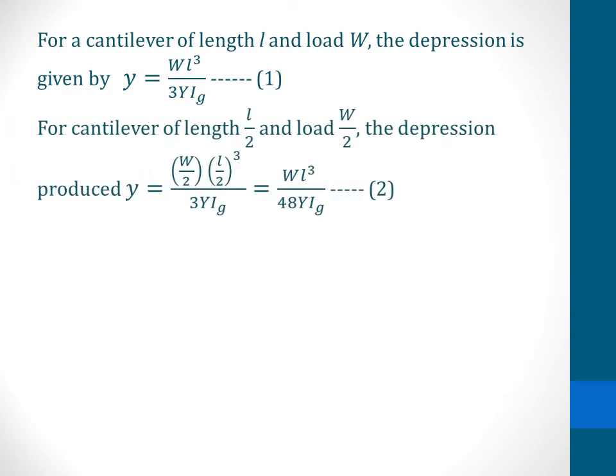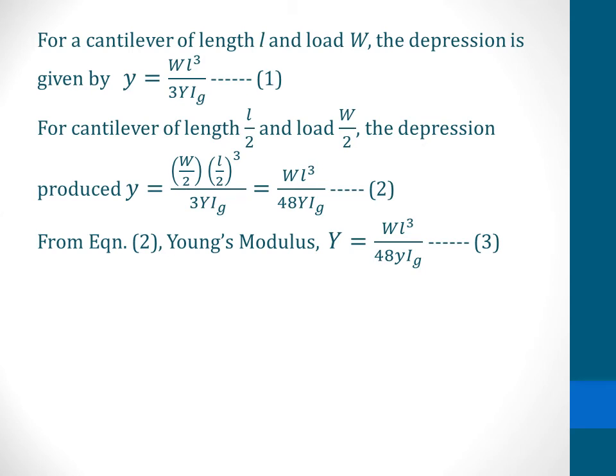For a cantilever of length L by 2 and load W by 2, as in our case, the depression y produced for a beam which is bent non-uniformly, we have W by 2 into L by 2 the whole cube divided by 3YIg. On simplification, we have y = WL cube divided by 48YIg, which we call as equation 2.